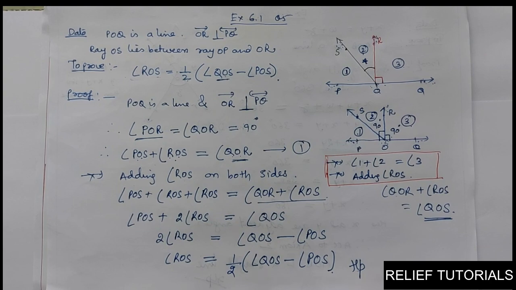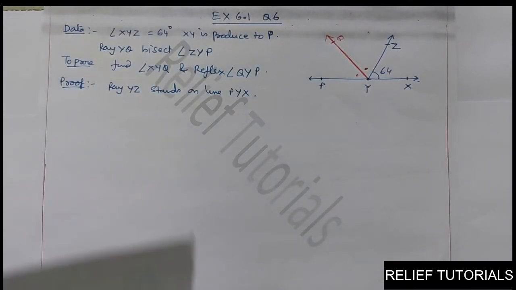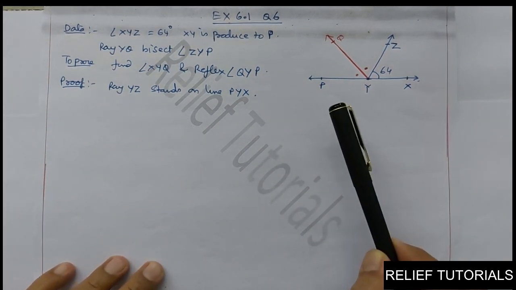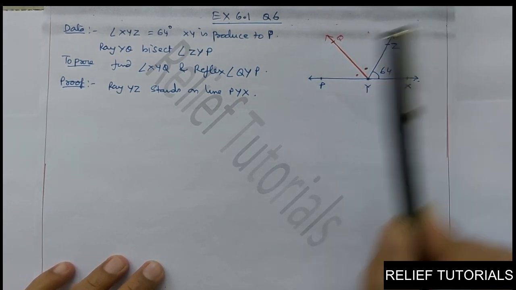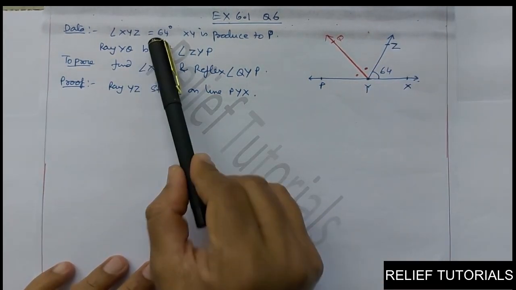Just go through it, try to understand. So, question number 5 is done. Now, the last question of this exercise is question 6. See here, look at the diagram. What is given? Given angle XYZ is 64.